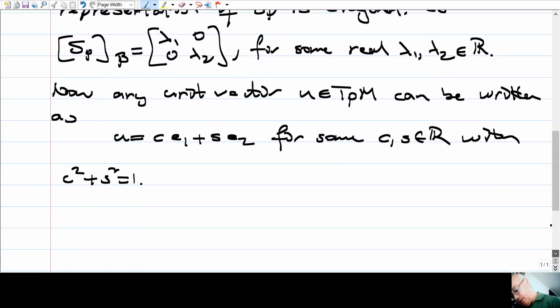This is because of the following. I have the tangent space and an orthonormal basis.